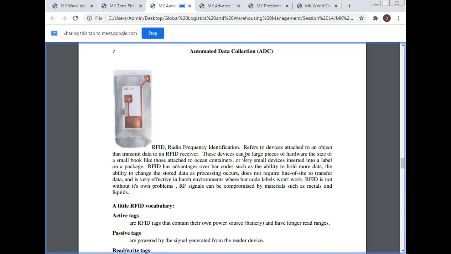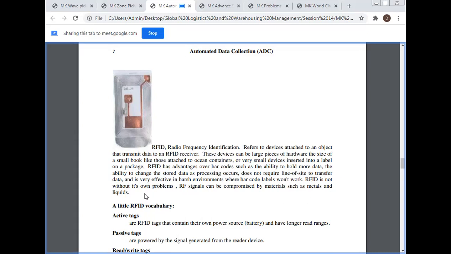RFID has advantages over barcodes, such as the ability to hold more data, the ability to change stored data as processing occurs, it does not require line of sight for the transfer, and it is very effective in harsh environments where barcode labels don't work.